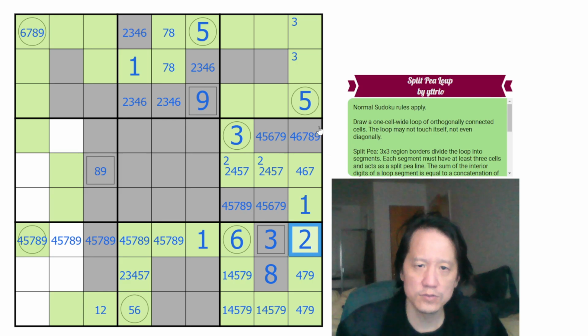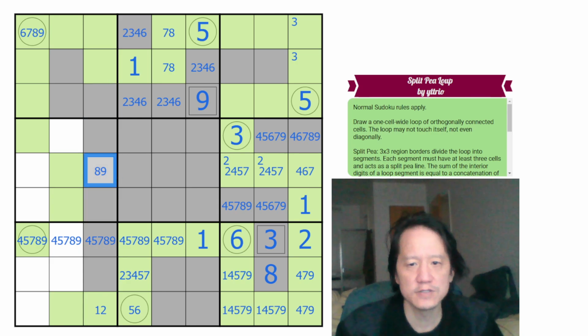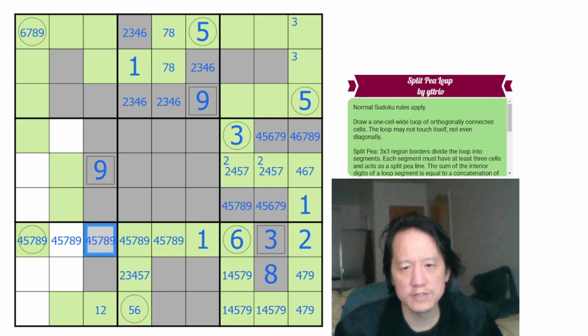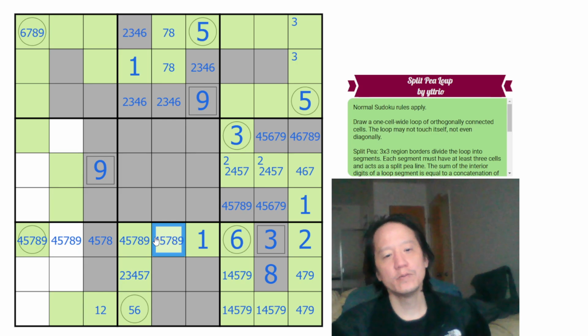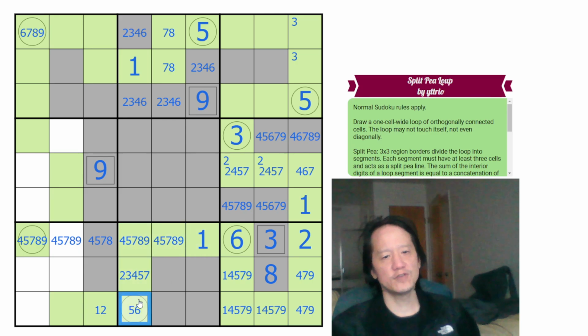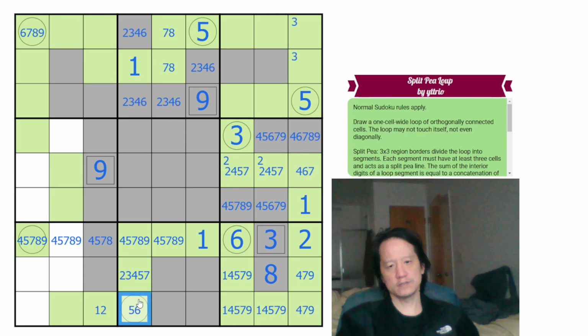This is 2, so neither of these can be 2. This again sees 9. Okay, so how many does this see? This sees 1, 2, 3, 4, 5, 6, 7, 8, 9. So this is 9. This cannot be 9. These 3 digits add up to 15 or 16. Could be 4, 5, 7. That works.